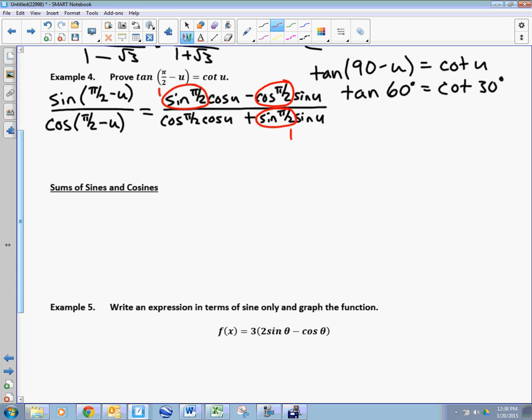So this part becomes 0, and this part becomes 0. So if cosine of pi over 2 is 0, what happens to this whole piece? Goes away. And this piece goes away. And if that's 1, I end up with just cosine of u.